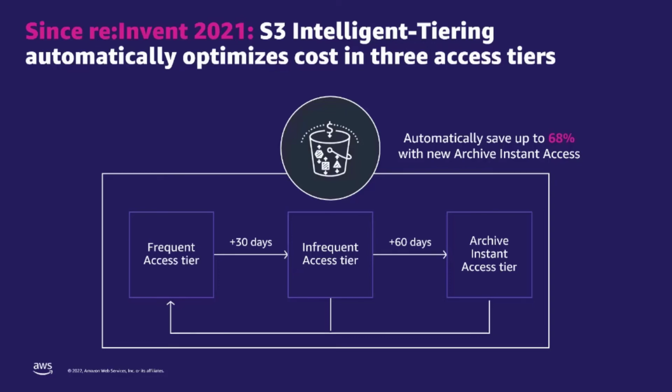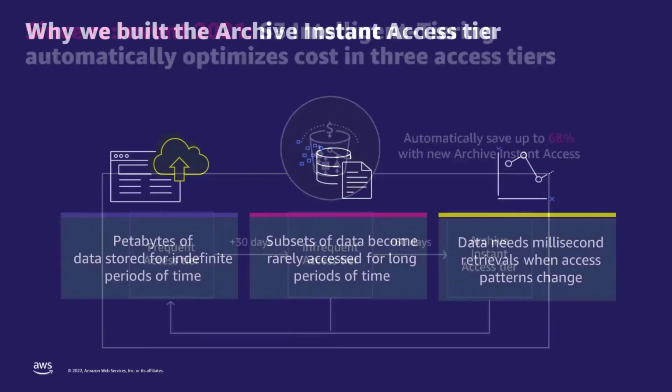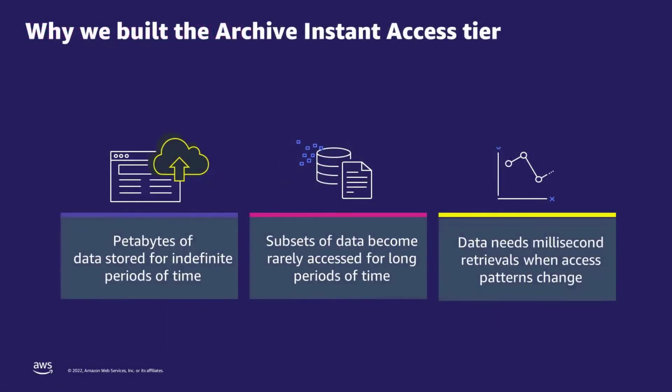Following the launch of the Archive Instant Access tier, we have heard from hundreds of customers that they have achieved their cost optimization goals for the year. This is really exciting because we're hearing customers are able to invest in new projects that they didn't think they would be able to invest in. A little more on why we built the Archive Instant Access tier.